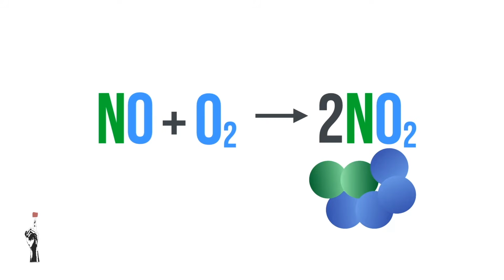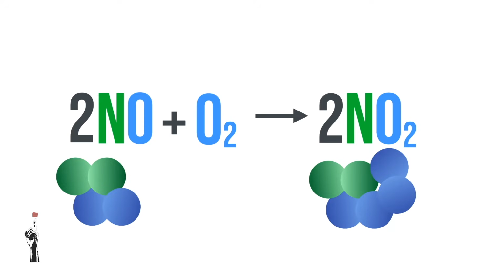Over to my left-hand side, I see I have a single nitrogen atom, and I know I will need 2. So I will place a 2 in front of nitric oxide, making 2 nitrogen atoms, the 2 oxygen atoms from nitric oxide, as well as the 2 oxygen atoms from the oxygen. That means there are 4 oxygen atoms and 2 nitrogen atoms, which is equal to the number of atoms on my right-hand side. Now this equation is balanced.